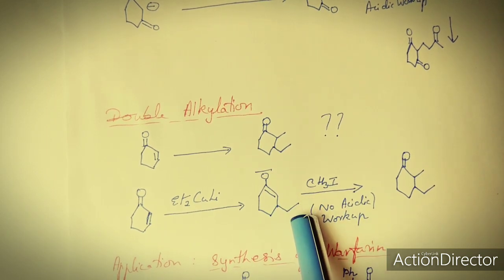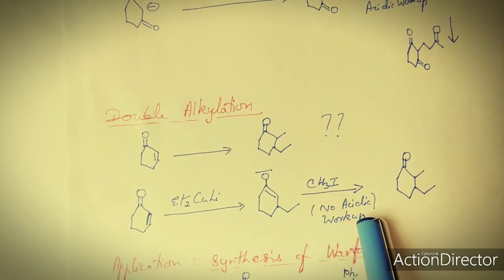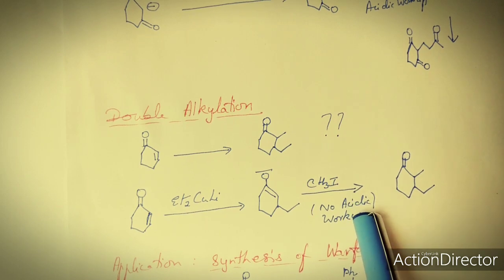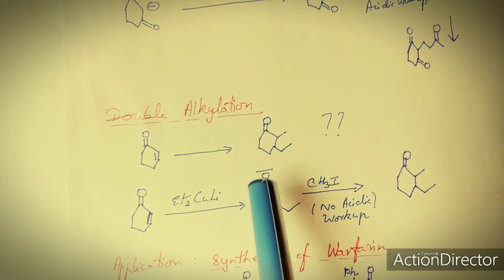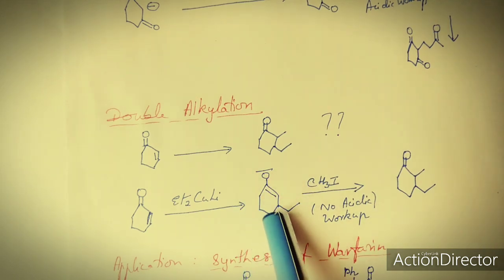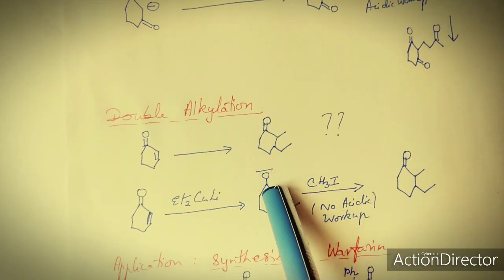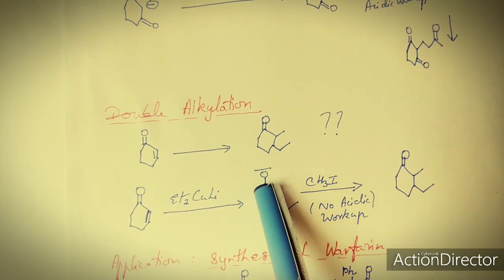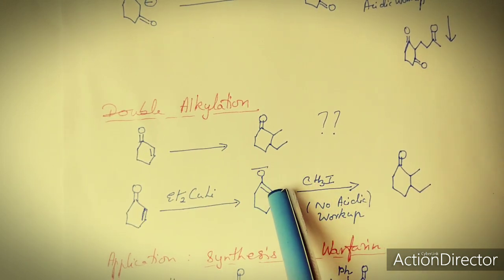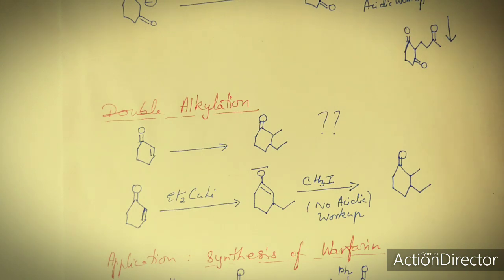And after this, the next strategy is not an acidic workup. Had it been an acidic workup, then of course we would have formed an H over here with OH, with H positive. But no, that is not the case.